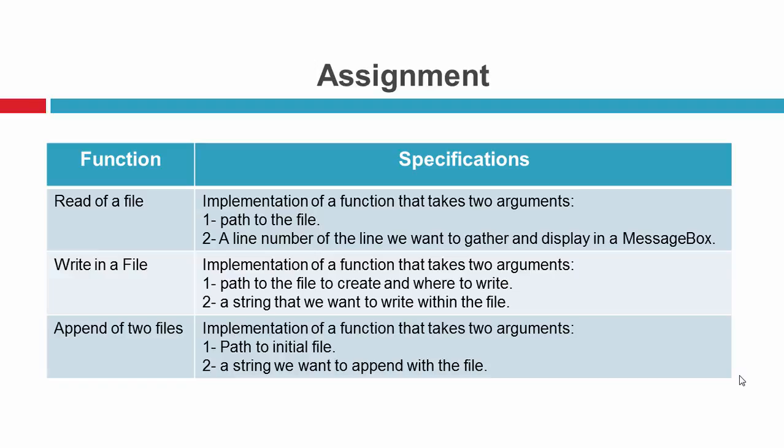The second function writes in a file: it takes two arguments, the path to the file we create, and the string we want to insert in the file. As a third function, we want to implement a function with two arguments. The first argument is the path to the file, and the second is the string we want to append to the file itself.